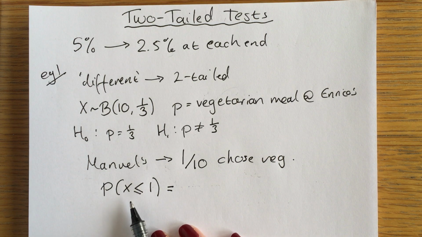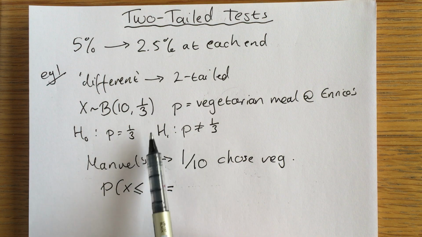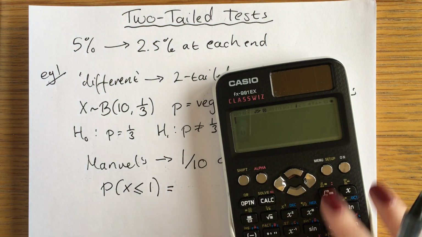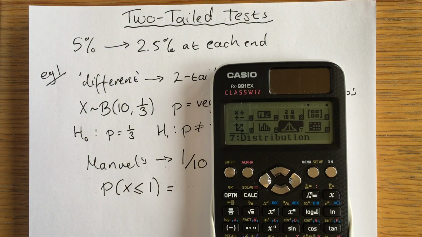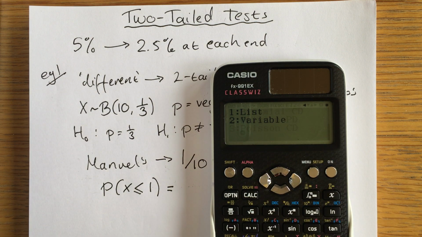What's the probability of 1 or less people choosing a vegetarian meal at Enrico's restaurant, given this probability of 1/3? On our calculator, go to the distribution, binomial CD, variable, so it's 1 or less, with a sample size of 10 and a probability of 1/3.